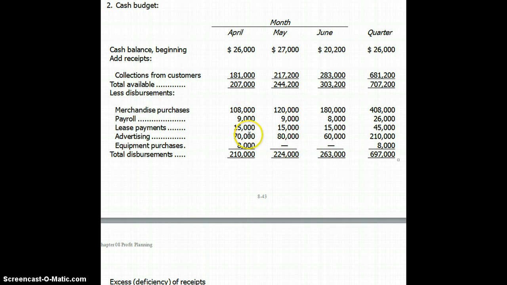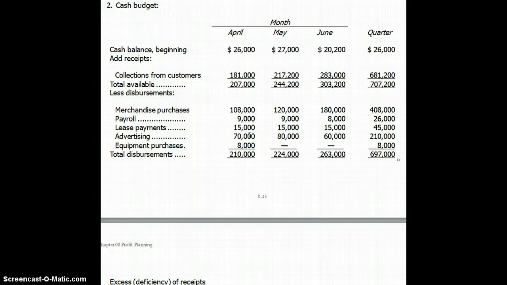$207,000. We then take the disbursements for the month of April, as given in the book, adding in equipment purchases of $8,000 as we were told in the chart, leaving out depreciation. Depreciation is a non-cash charge. We do not include that in a cash budget. And the only other trick is the fact that merchandise purchases total $120,000 in April.